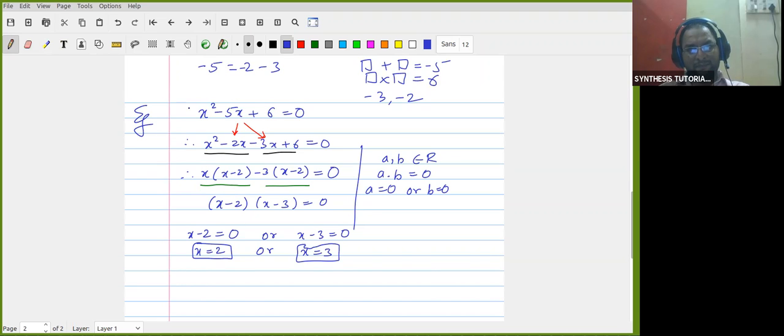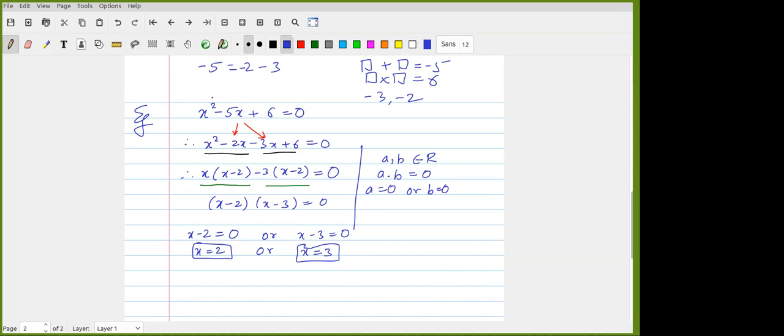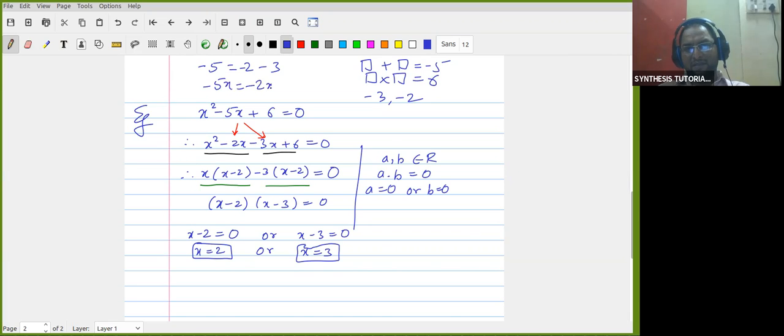It means I can write minus 5x as minus 2x minus 3x. You agree? Okay. Now, so I am writing my minus 5x as minus 2x minus 3x.